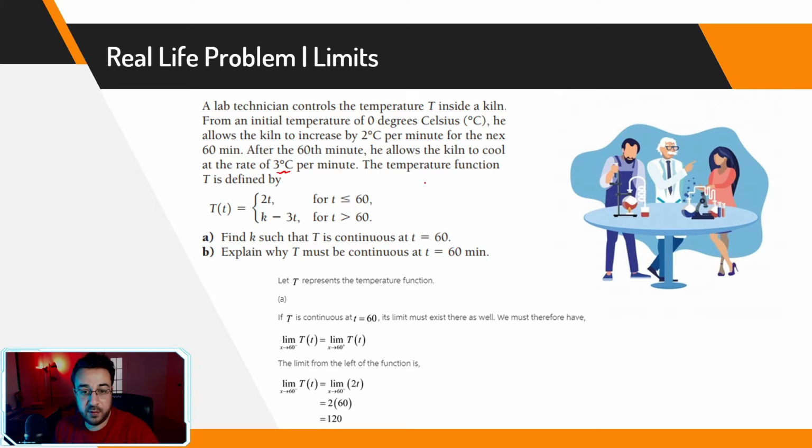Now, if you know that the temperature function T, the temperature as a function of time, is T(t) = 2t for t less than or equal to 60, and it is k minus 3t for t larger than 60. Now the question in this case would be, find the k such that the temperature T is continuous at t equals 60.